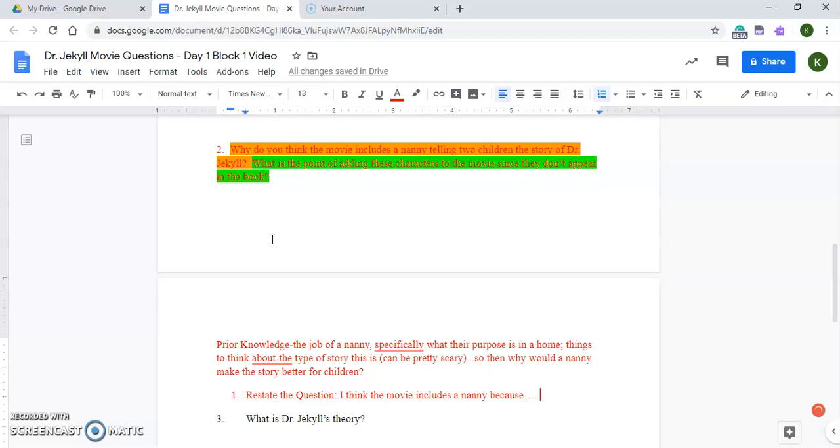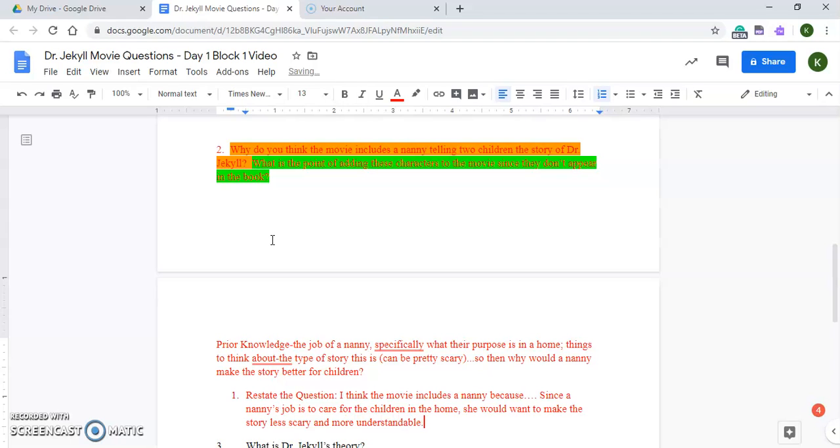So if I said, I think the movie includes a nanny because their job is to take care of the children, and then I'm going to put, since a nanny's job is to care for the children in the home, she would want to maybe make the story less scary for them, and maybe more understandable.